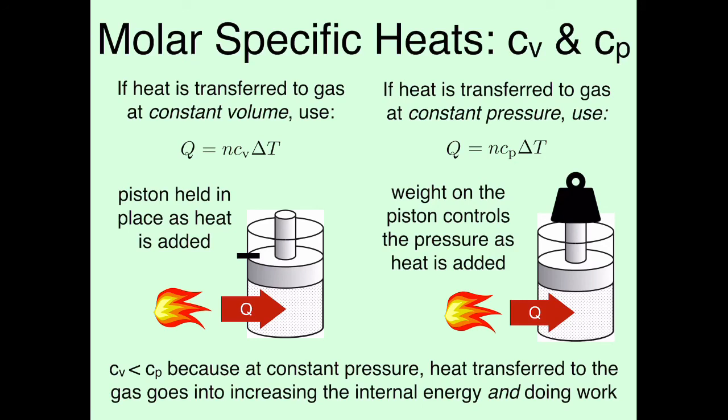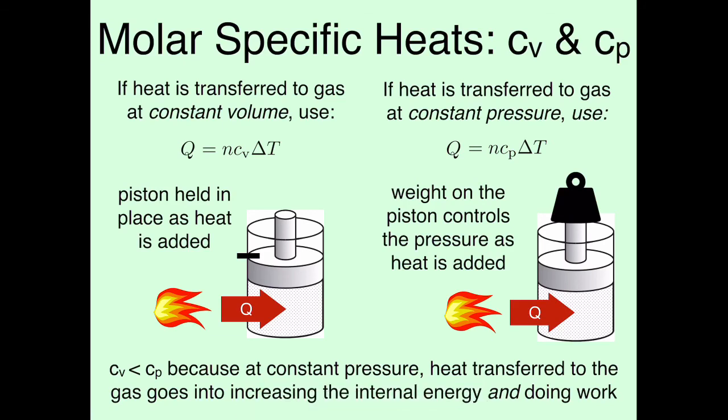You can imagine you have a cylinder with some gas in it, and there's a piston, but the piston is locked into place, okay? And then we can add some heat, maybe put a flame to the outside of that cylinder, and some heat will be transferred to the gas.